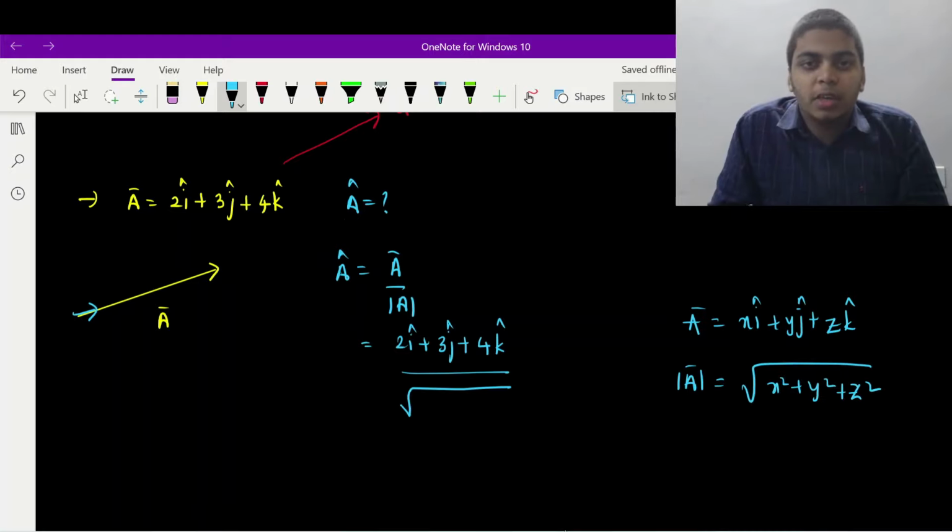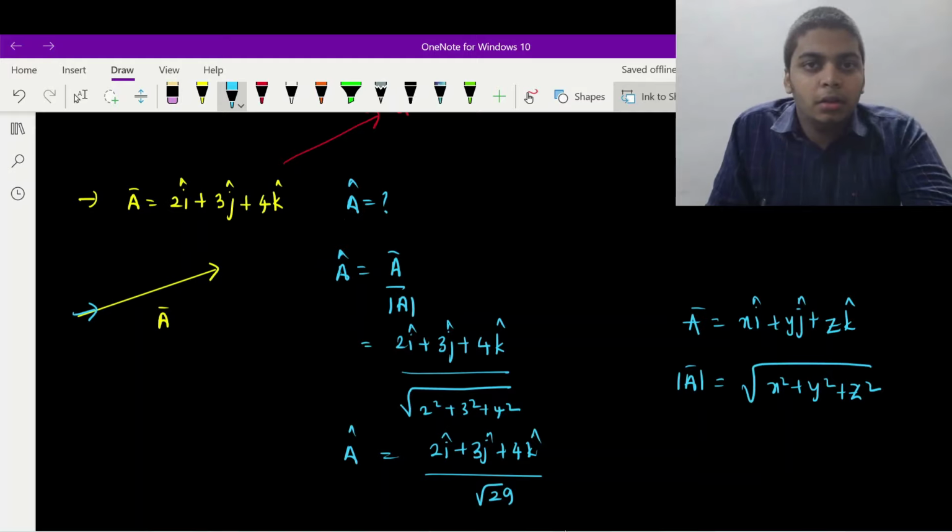Similarly here it's 2 square plus 3 square plus 4 square, and this will turn out to be root 29. So 2 i cap plus 3 j cap plus 4 k cap upon root 29 is the unit vector of a bar. Is that understood?